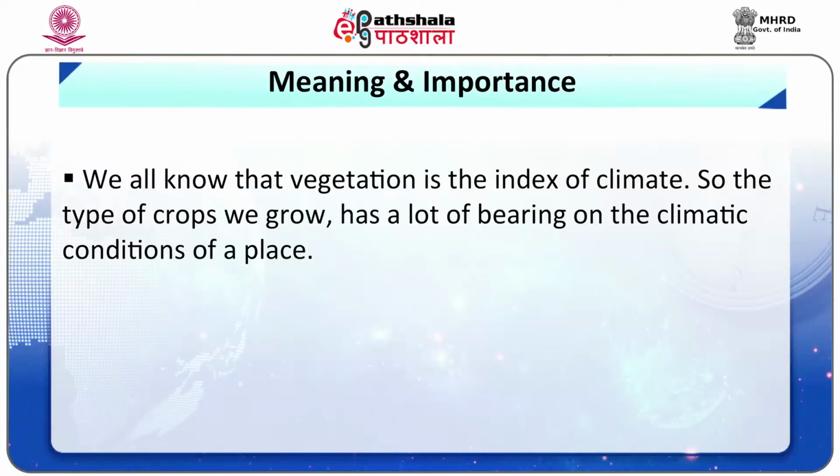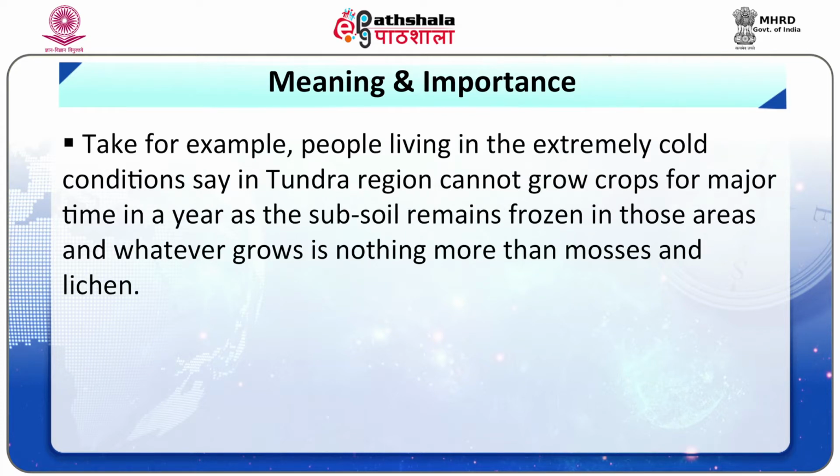Similarly, we also know that vegetation is the index of climate, so the types of crops we grow has a lot of bearing on the climatic conditions of the place. Take for example, people living in extremely cold conditions, say in tundra regions, cannot grow crops for major time in a year as the subsoil remains frozen in those areas, and whatever grows there is nothing more than the mosses and lichen.